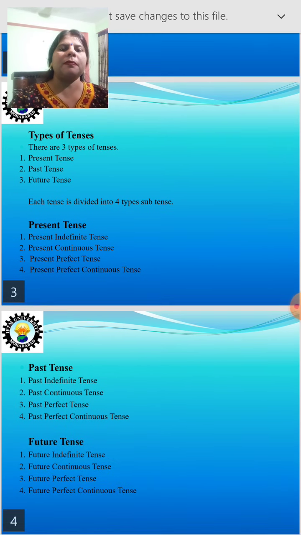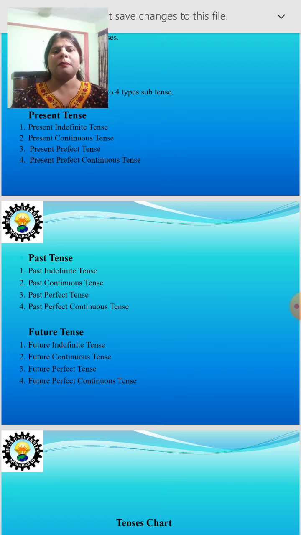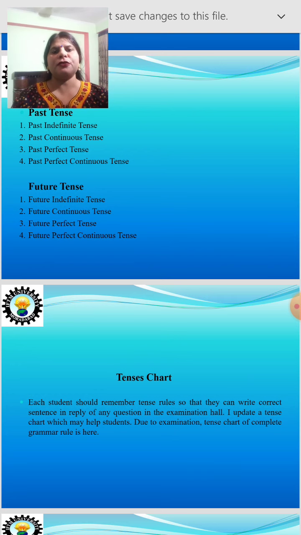Similarly, the past tense is divided into four types: past indefinite tense, past continuous tense, past perfect tense, past perfect continuous tense. And the future tense is also divided into four subtypes: future indefinite tense, future continuous tense, future perfect tense, and future perfect continuous tense.